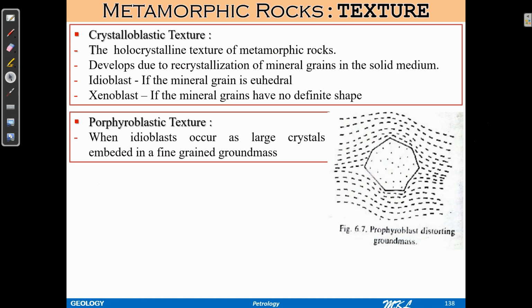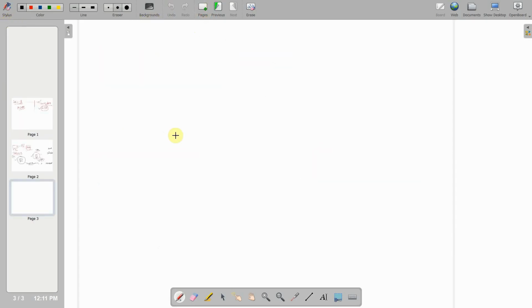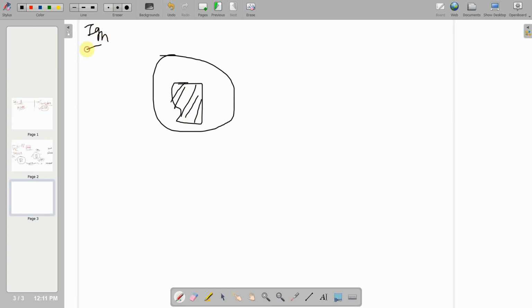So what is a porphyritic texture in igneous rock? You know about this. Porphyritic texture means, suppose this is the large crystal, you can see this is the large crystal. When I am talking about the igneous rock, it's called porphyritic texture.